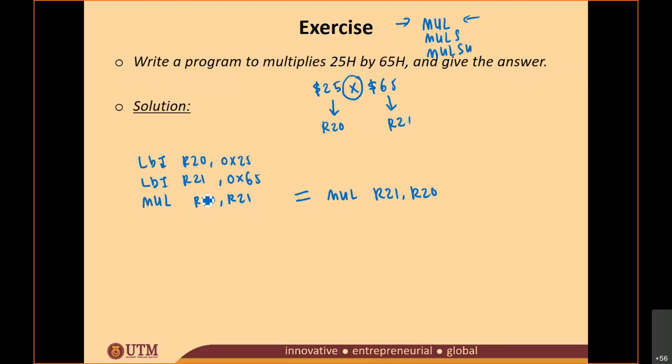If you put MUL R20 R21 or R21 R20, why doesn't it matter? The way you put the destination Rd and Rr. Okay, because the result of this multiplication will be stored at R1 and R0.